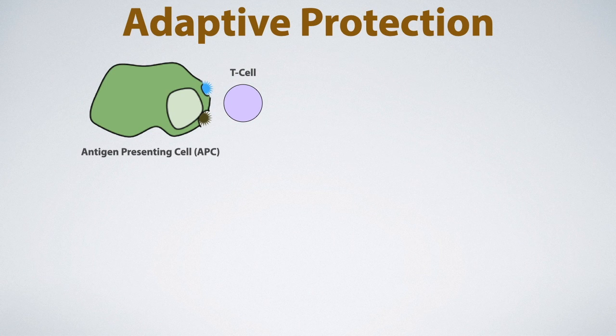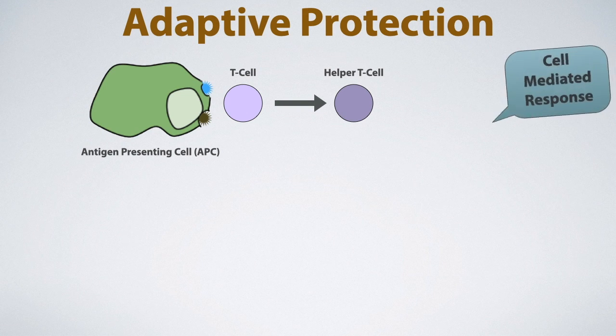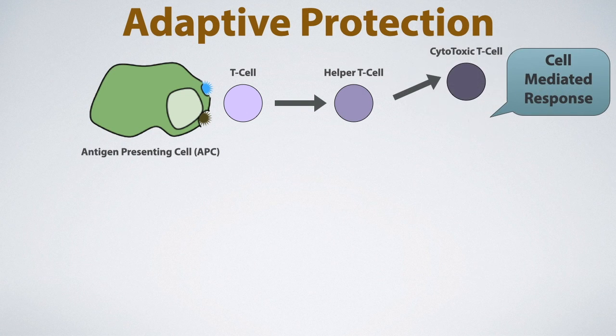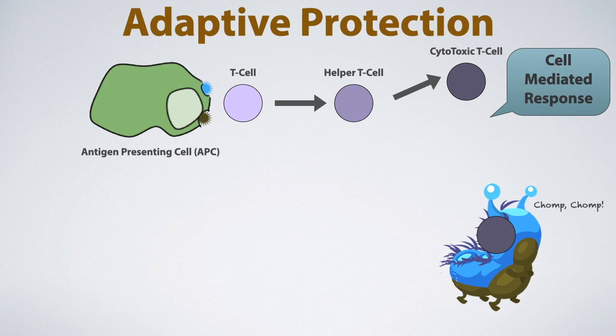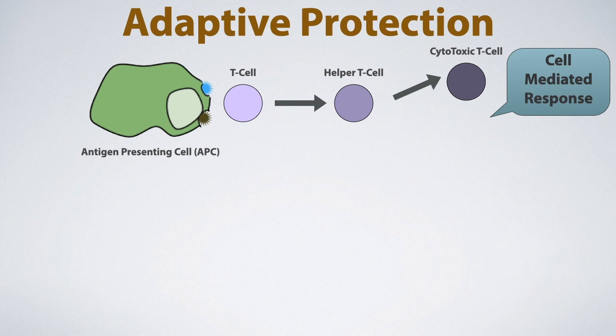During the cell-mediated response, helper T cells are activated to release certain chemicals which then activate another cell type called cytotoxic T cells. These cytotoxic T cells spread throughout the body and hunt down not only foreign invaders presenting this specific antigen, but they also destroy other host cells that might be infected by the pathogen.